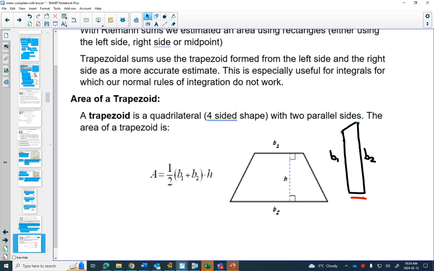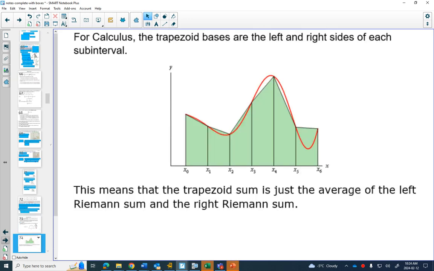Now the average between B1 and B2 is not necessarily, you might be thinking, isn't that just the midpoint? Not quite. It doesn't have to be, because now you're averaging the y values, not the x value. The trapezoid averages your y values to figure out your value.